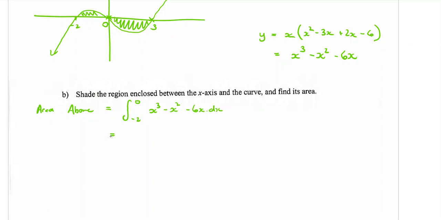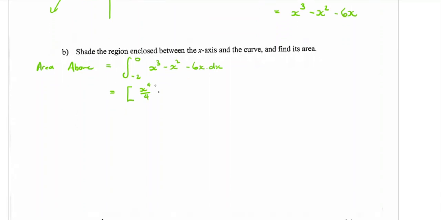Okay, integrating it, I add 1 to the power, divide by the power. The x squared, I add 1 to the power, divide by the power. And the -6x, adding 1 to the power, becomes x squared over 2, so -3x squared, between -2 and 0.